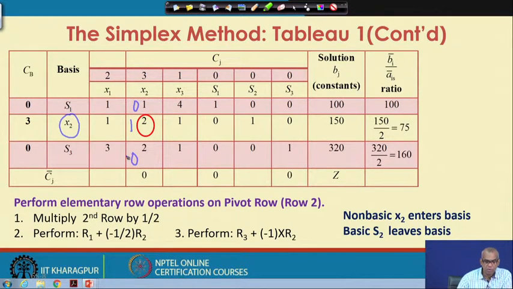So, this can be obtained by multiplying the second row by half. For the first row, you have to perform first row minus half into second row.